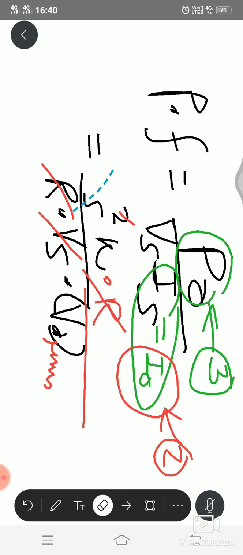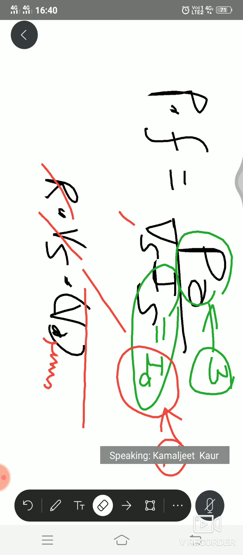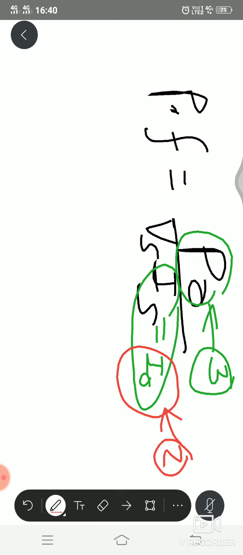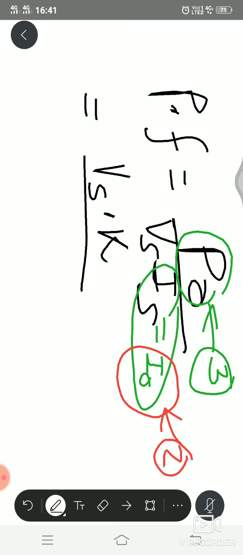After this, the next line becomes Vs k divided by V0 RMS.